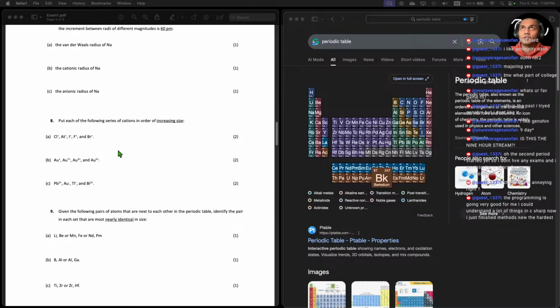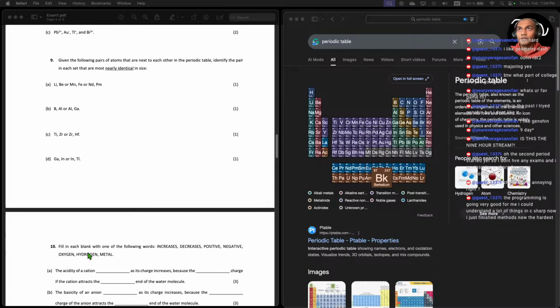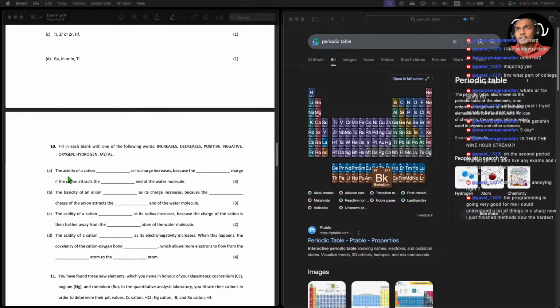Put each of the following series of cations in increasing order, given the following pairs of atoms that are next to each other in the periodic table. Identify the pair in each set that are most nearly identical in size. Fill in each blank with one of the following words. Acidity of a cation, a small one. As the charge increases, acidity of a cation as the charge increases.